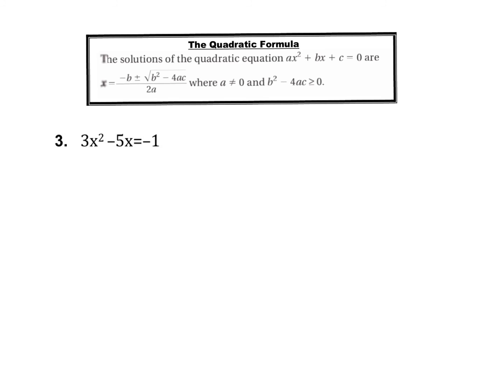All right, example number 3. We have 3x squared minus 5x minus 1 is equal to -1. So let's rearrange here, and I'm going to have 3x squared minus 5x plus 1 is equal to 0. Then we'll have our a is equal to 3, our b is equal to -5, and our c will be equal to 1. And here's our quadratic formula again.